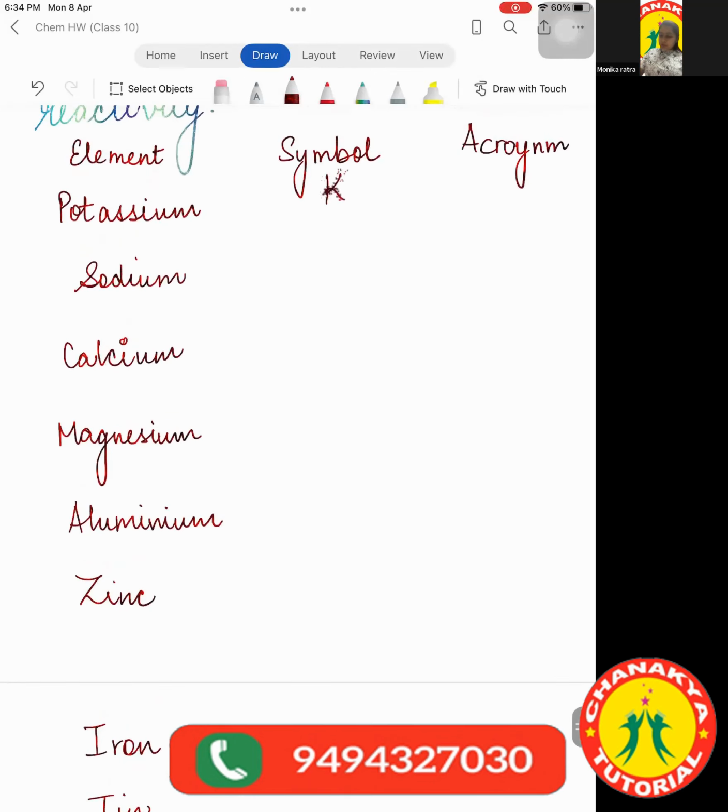First let me write the symbols and then I will write the acronym. Then I'll give you the time to write all of this.